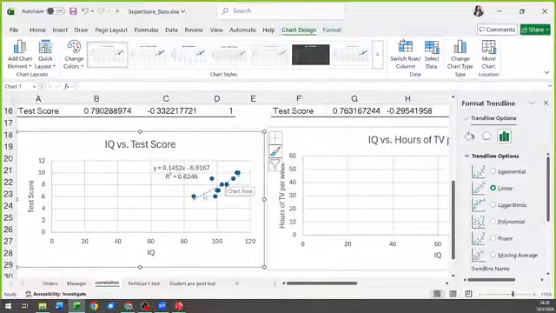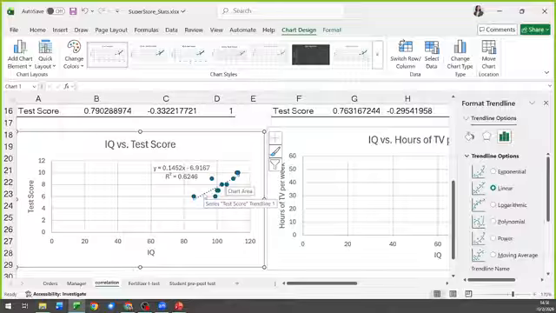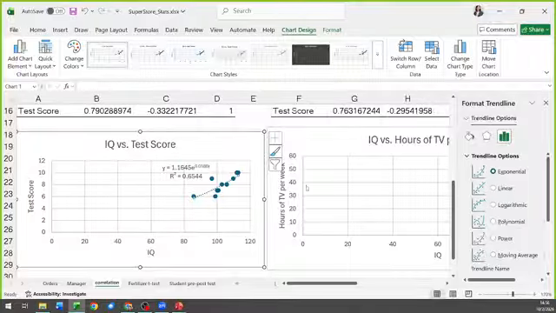If you want to try other types of trend line you can change it here. Let's say exponential, you get a little bit more r square, or logarithmic, polynomial, you can just keep changing. It's getting better. But you don't just change for fun.